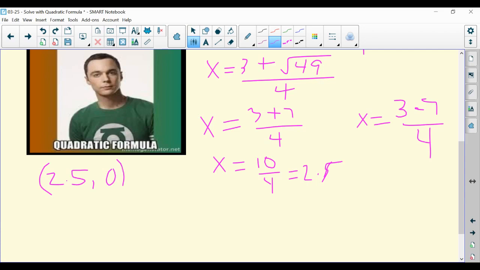Then the second one is x equals 3 minus 7, which is negative 4, over 4, and that's an easy one. That's negative 1. So my second x-intercept is (-1, 0).